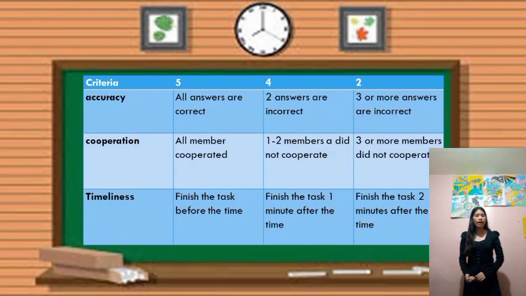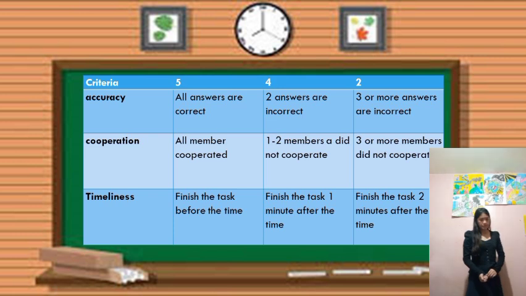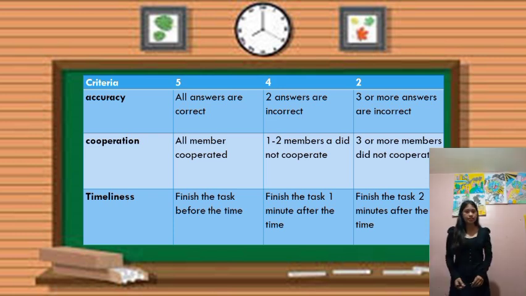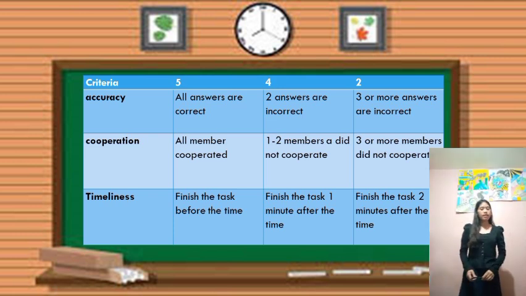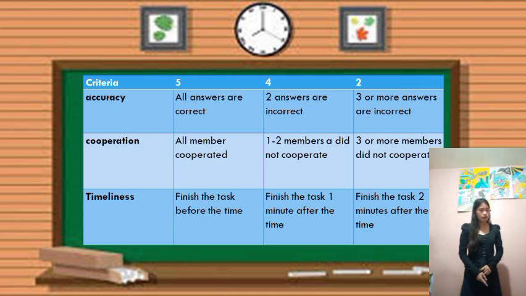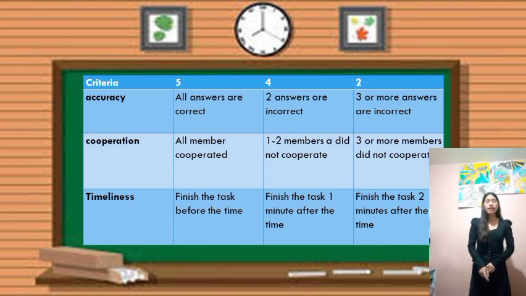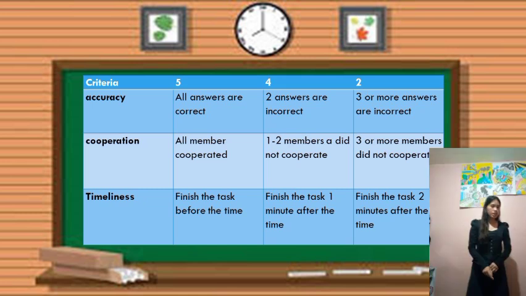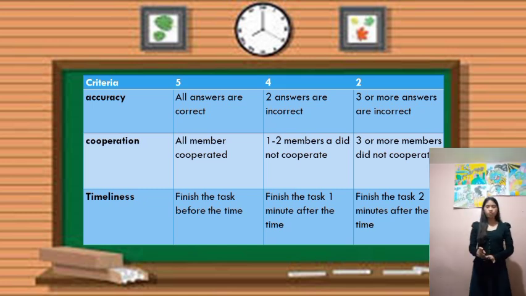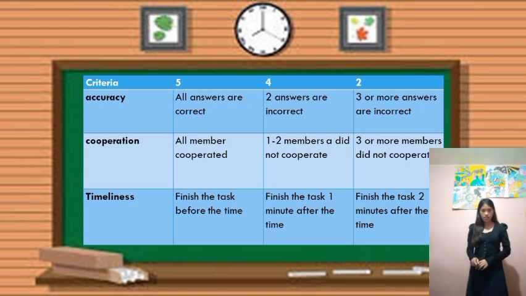In group 1, what is your score? Okay, 5. All your answers are correct, so I will give you 5. In cooperation, since I can see all the members cooperated, I will give you 5. In timeliness, you finished your task before the time, so I will give you 5. The total score of group 1 is 15 points. Congratulations, everyone.